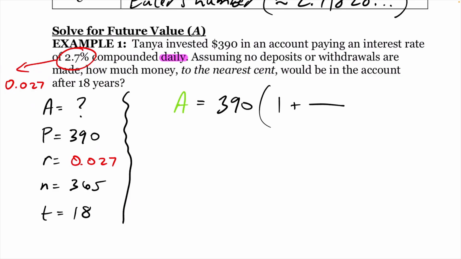Fraction, R. I'm going to put R up there, divided by N. To the, now we're going up here to the power. N times T power. N times T power. 365 times 18 power.